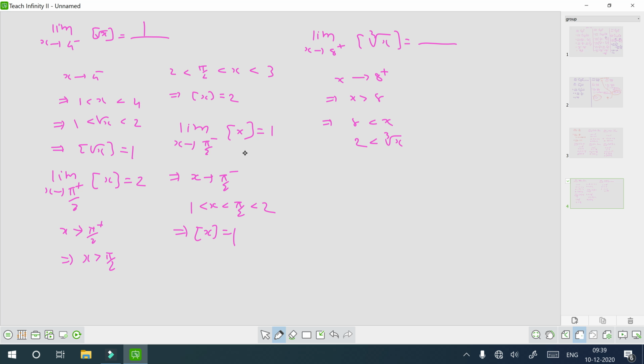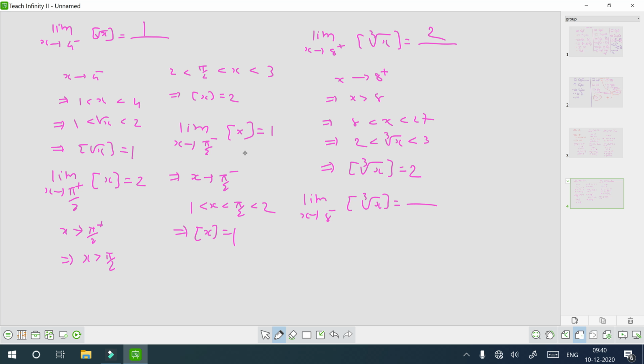So here it comes out 2. So that should be 27. Cube root of 27 is 3. So this integer part function comes out 2. So the answer is 2.